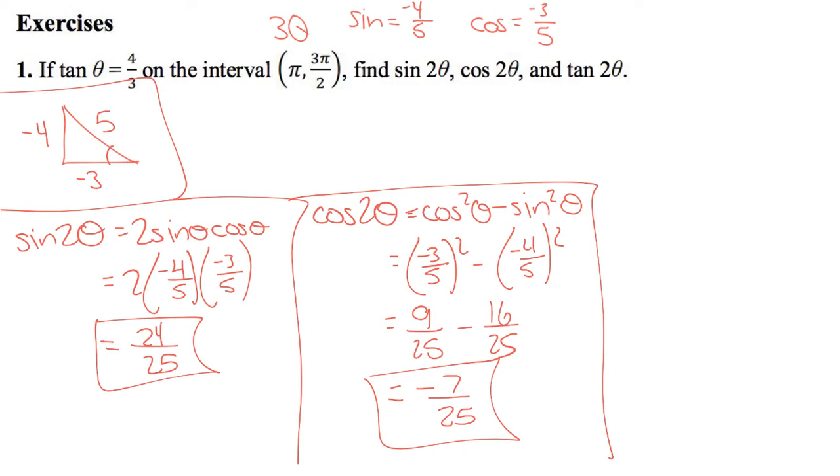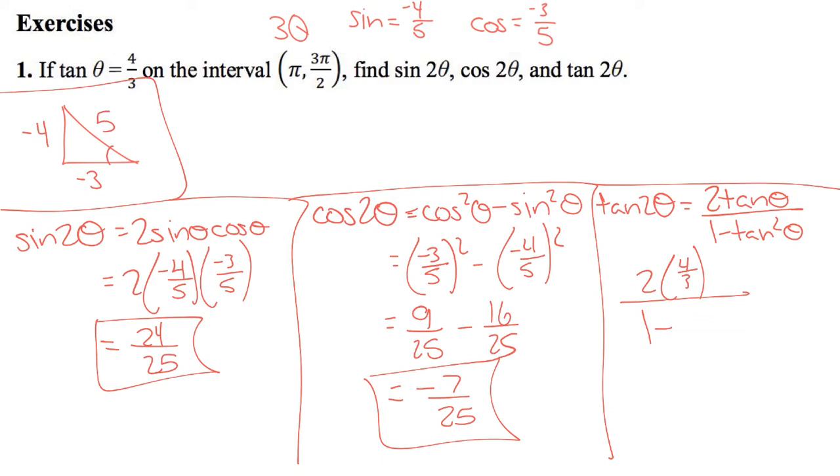And then the last bit is tangent. Tan double angle is what we're doing: 2 times tan theta over 1 minus tan squared theta. So we've got 4/3, which is tangent, so 2 times 4/3 over 1 minus tan squared, which is 16/9.